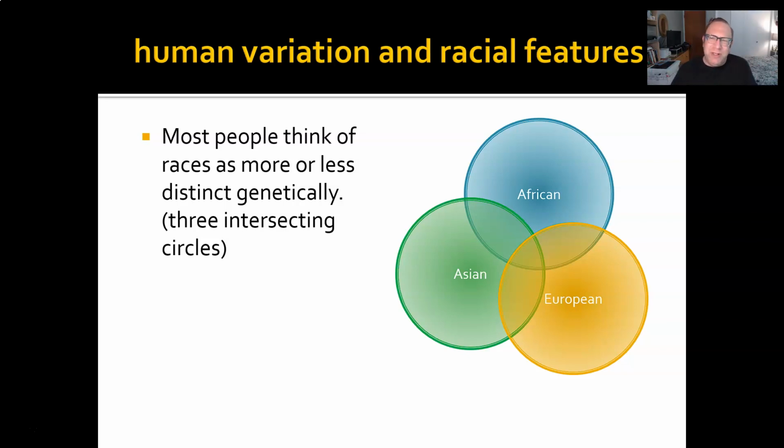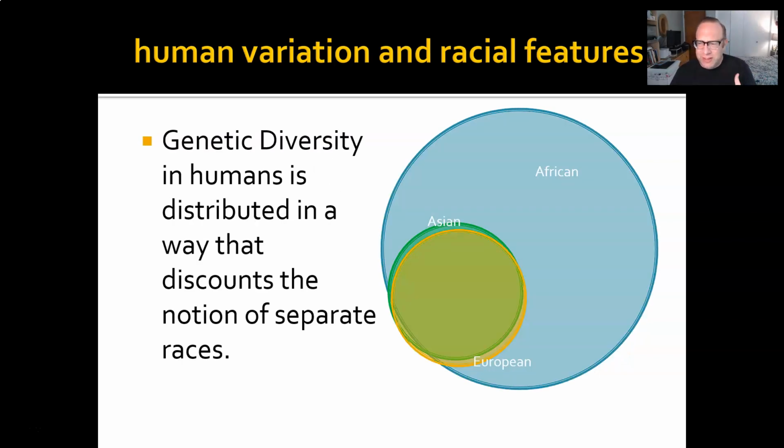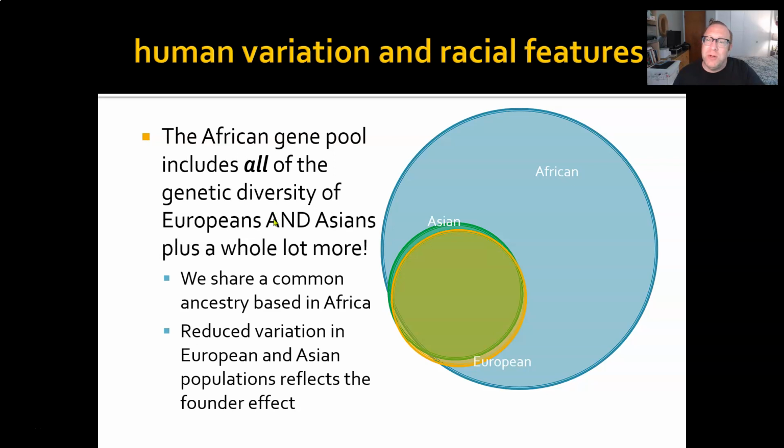But that's not really the way genes are distributed in the human population. Rather, it looks a little more like this. Instead of being sort of intersecting circles, it's actually one big circle surrounding two little circles here, if we're using the sort of three race model. But it's true no matter how many groups you break it into. That's the point.